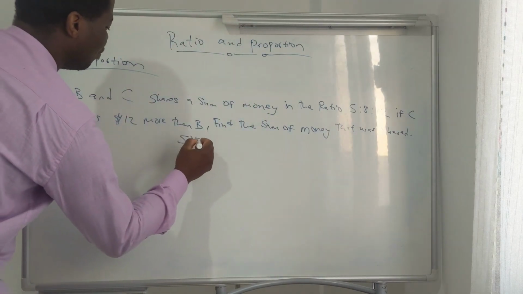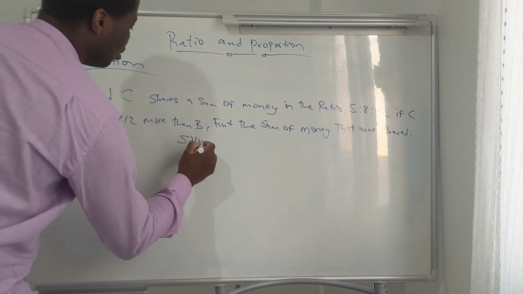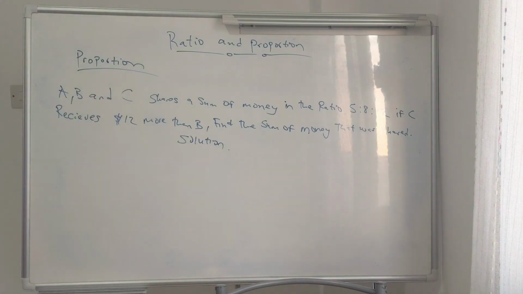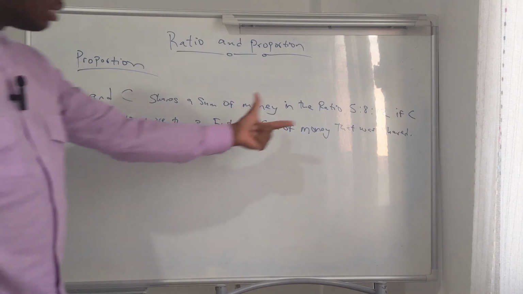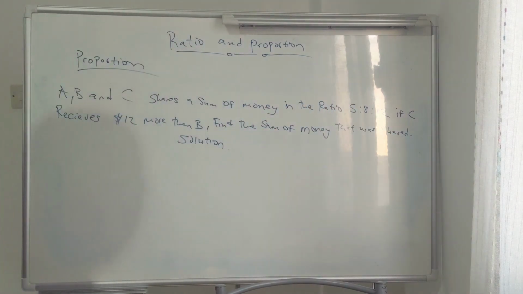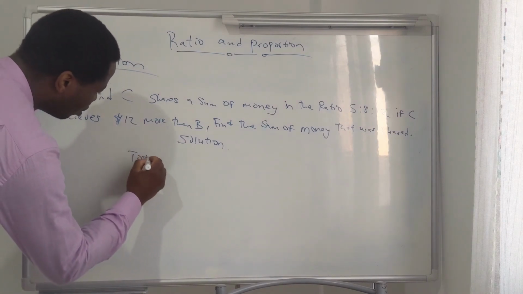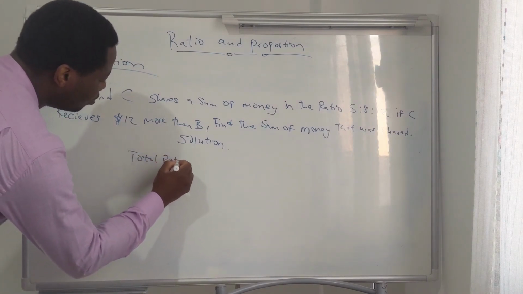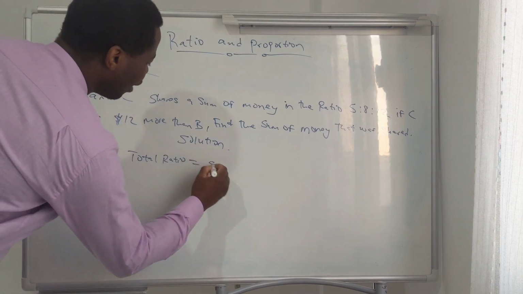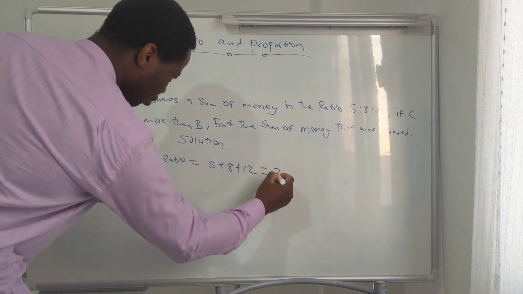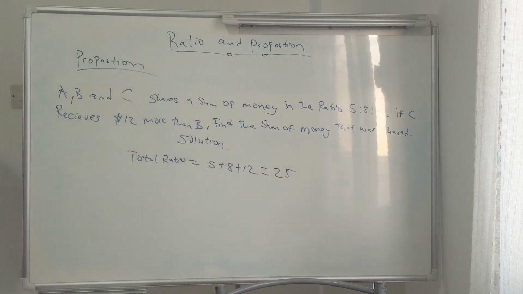This is a very logical question, so we need to be careful. Now, persons A, B, and C share the sum of money. So, what is the total ratio? It is 5 plus 8 plus 12, which is 25.